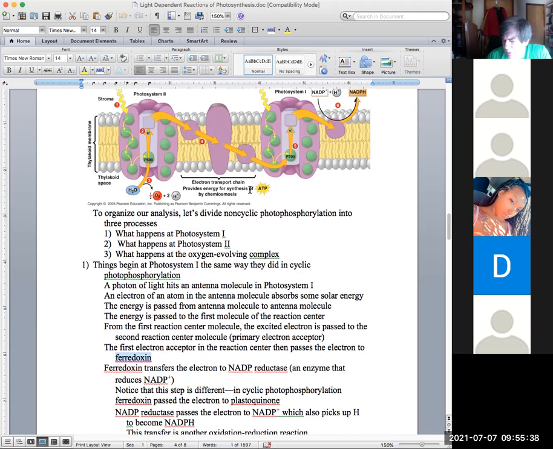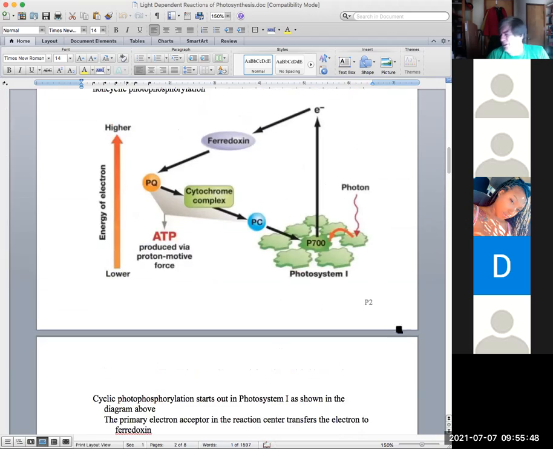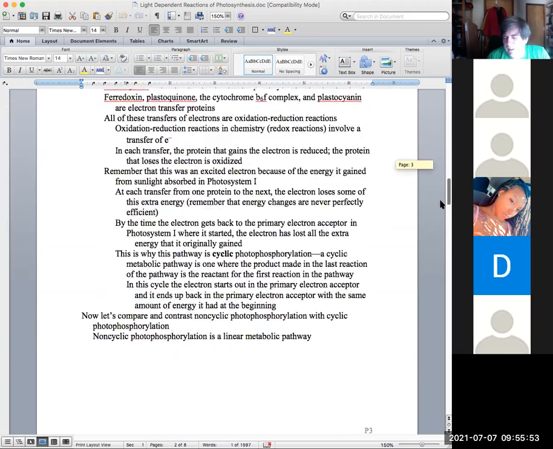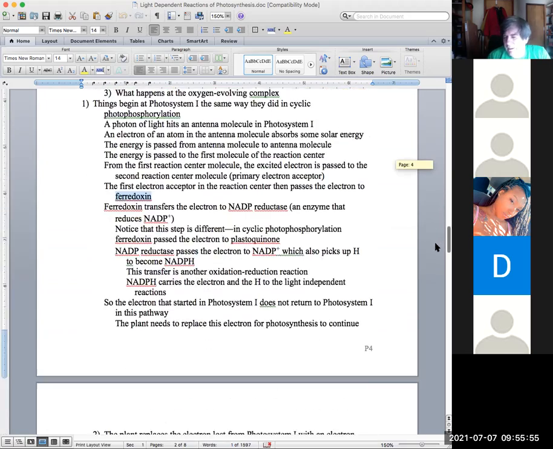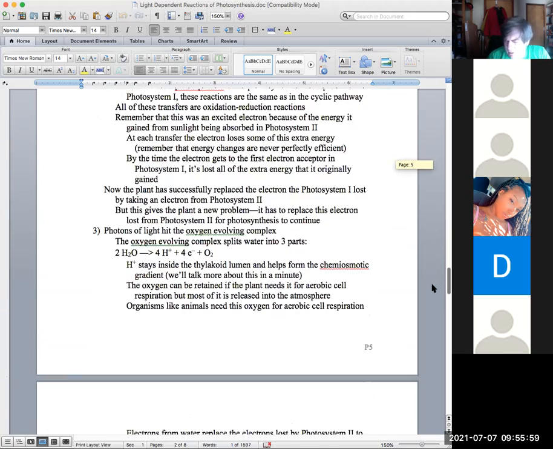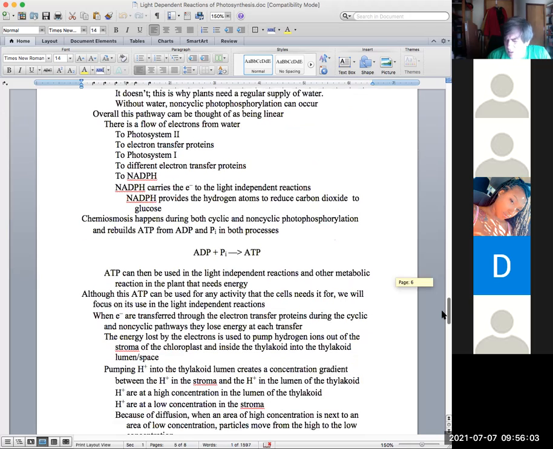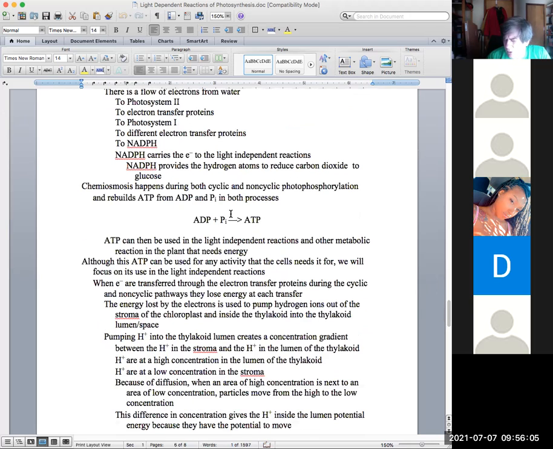Now notice we say here that electron transport provides the energy for ATP again. So remember back up here, we also had ATP. And we said we would talk about ATP when we got to the third process, which is chemiosmosis. So let's think about chemiosmosis.